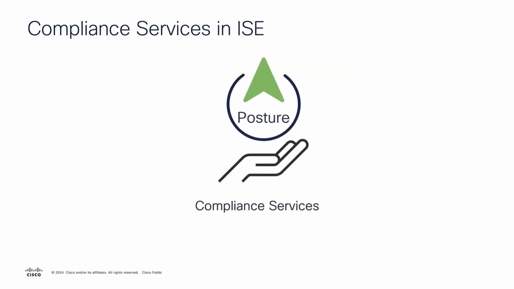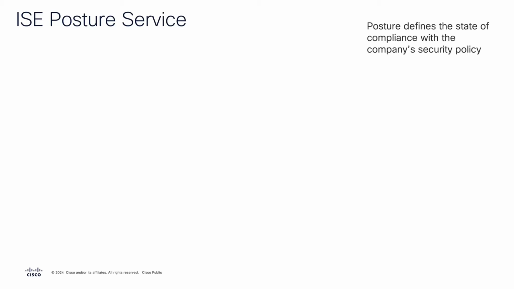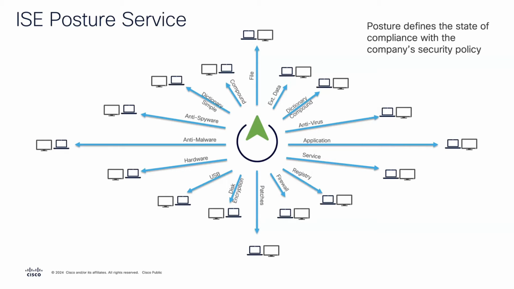The Posture Service is supported on Windows, Mac, and Linux operating systems. And what exactly is the posture service? As an administrator, I want to look for different kinds of checks, such as whether my endpoints coming over the network or connecting to the network are up to date with the patches, whether they are up to date with anti-malware definitions, whether they are enabled with disk encryption.